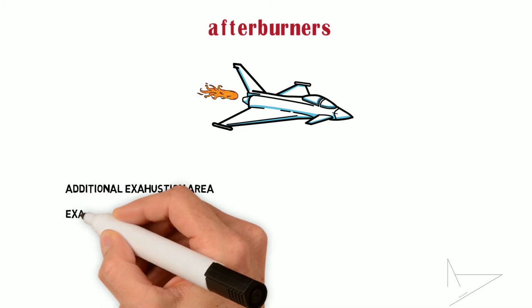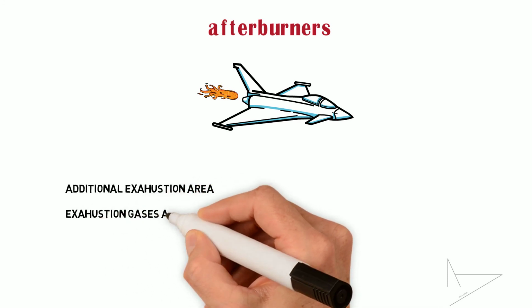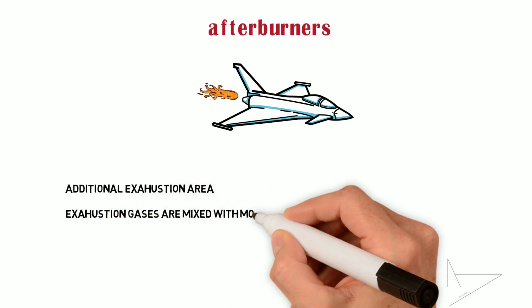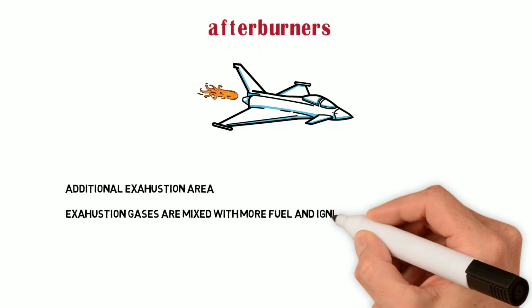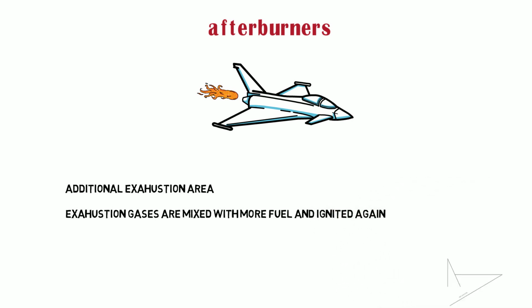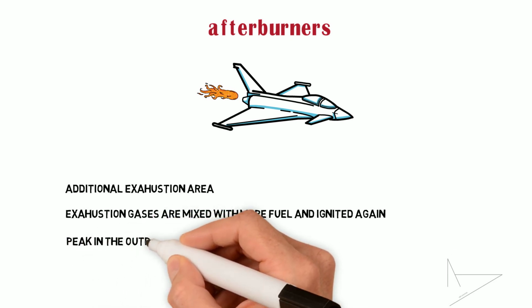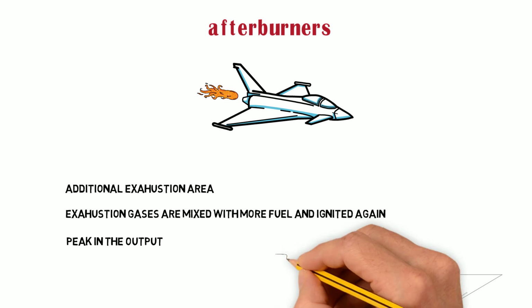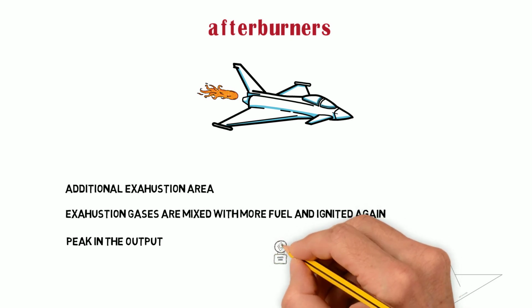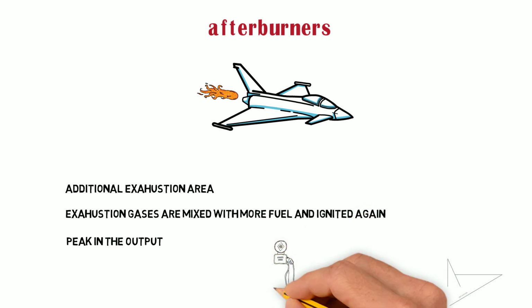Here, the exhaustion gases, instead of being released in the atmosphere, are mixed with more fuel and ignited once again to achieve even higher speeds before being released into the atmosphere. The final result? A massive peak in the output of the engine. On the downside, afterburners use a lot more fuel, which makes these engines not very profitable.